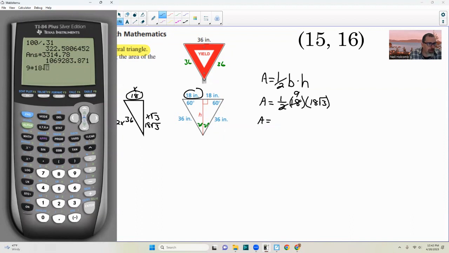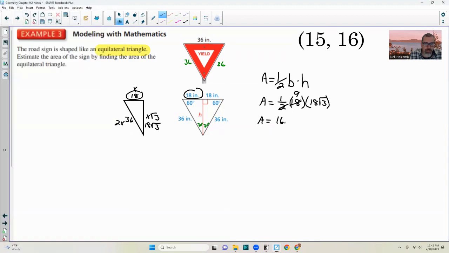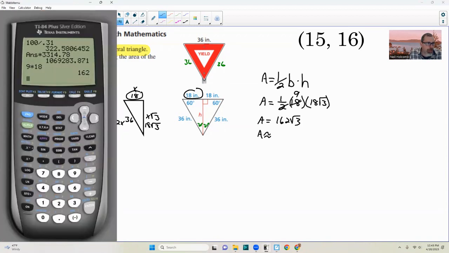Actually, first of all, I just want to show it as 9 times 18, which is 162 square root 3. And then we're going to do that approximation. So A is approximately 162 square root of 3 equals approximately 280. Is that right?